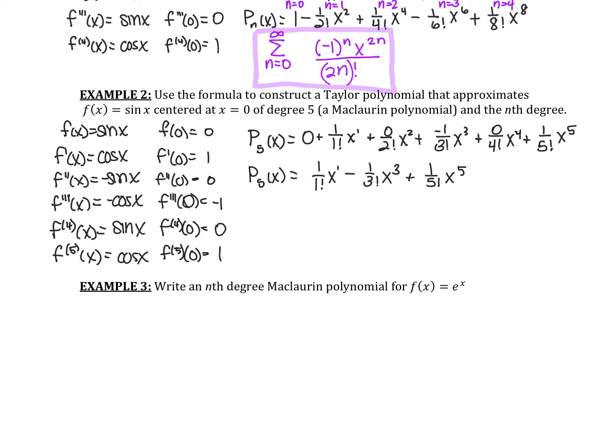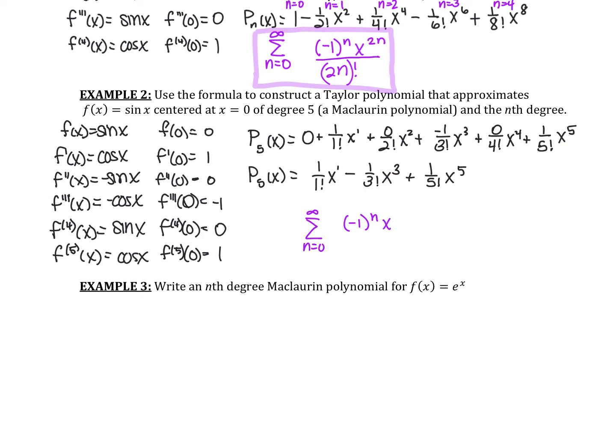Okay, so can we come up with a general expression? Can we come up with a sum? What do we see? Well, we see that it alternates. So let's do negative 1 to the n power. And then we see that the powers we have are all odd.